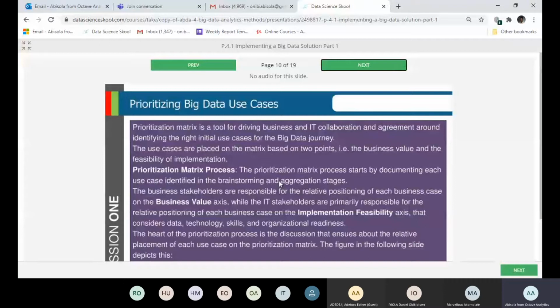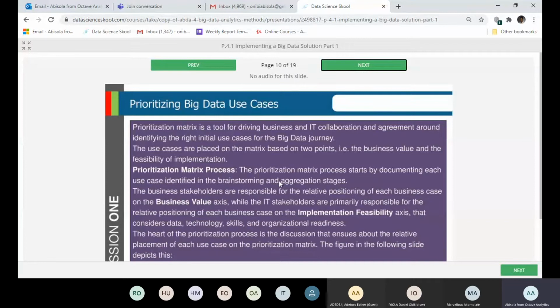So you have different use cases, you have different things you're trying to find solutions to. You have to know which is better to be implemented, and even if it's best to be implemented, which will bring the maximum business value to the organization. That is what the prioritization matrix helps you to do.